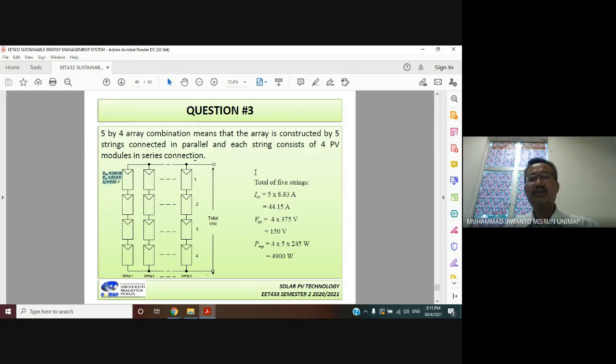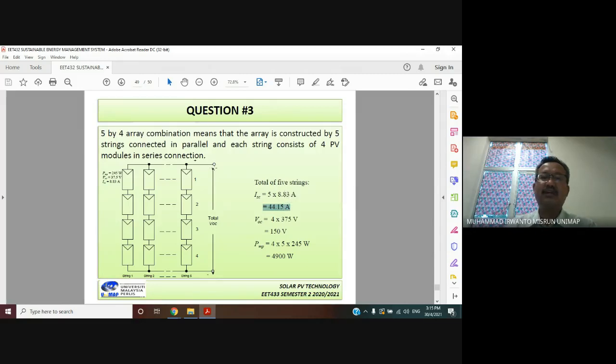For the total of the 5 strings, or the total 1 array, the short circuit current for 1 string is 8.83 amperes. Because we have 5 strings, the total short circuit current at this point is 5 multiplied by 8.83 amperes, equal to 44.15 amperes.